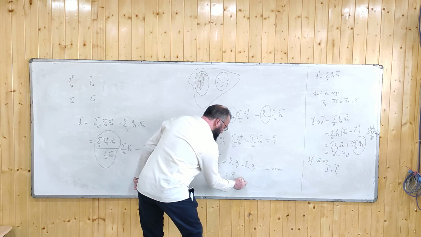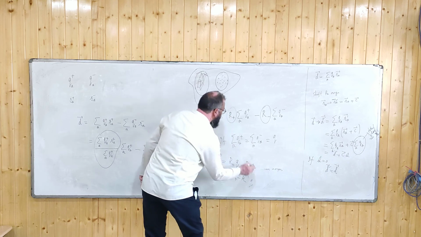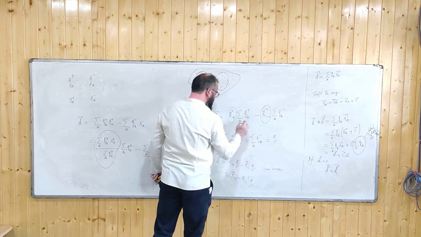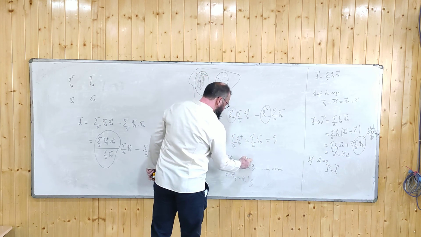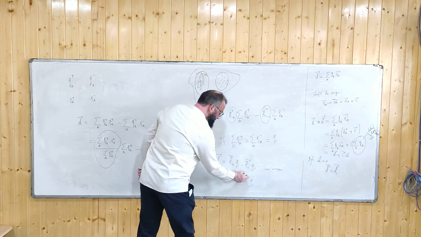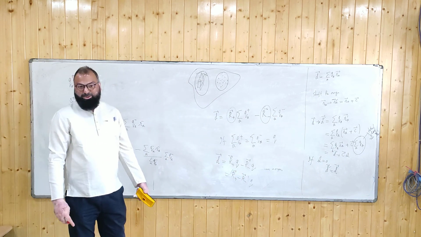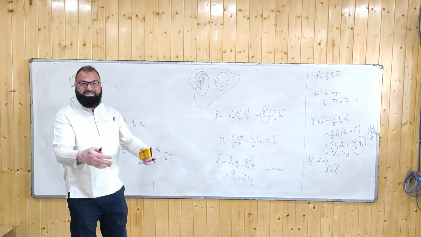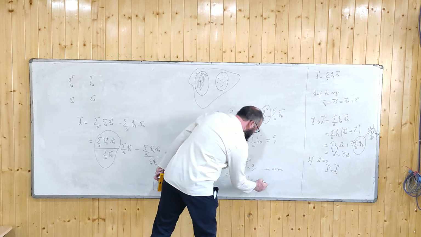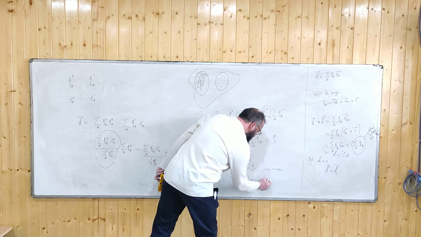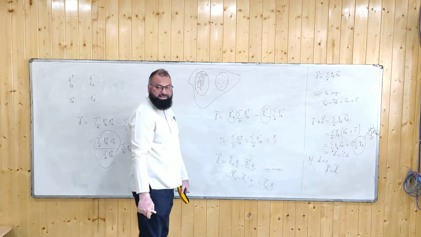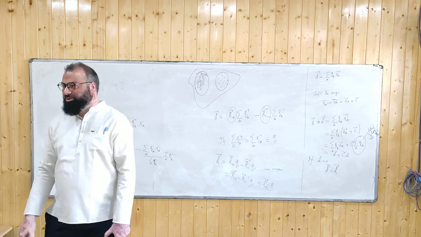R plus minus R minus. I should put a vector here, because it's a vector quantity. So R plus minus R minus is the distance between the two charge centers. Let's call this R plus minus R minus times Q. This is the dipole moment, which you already know.